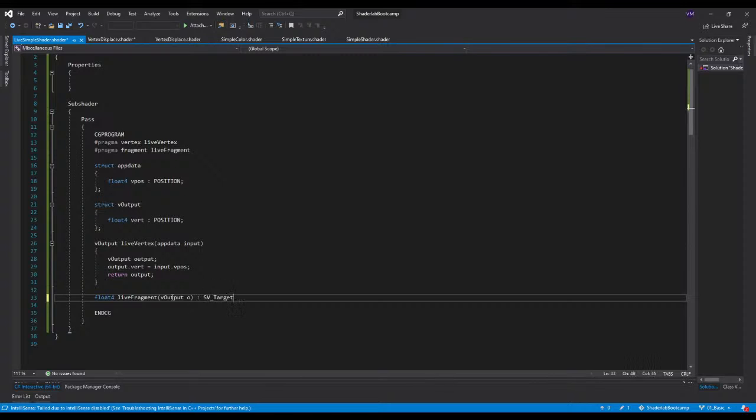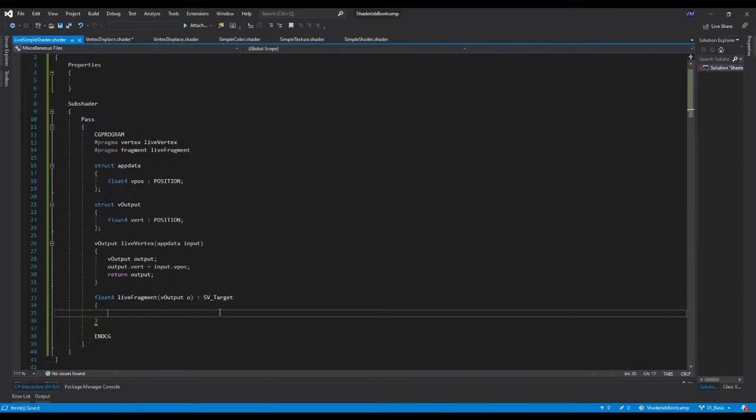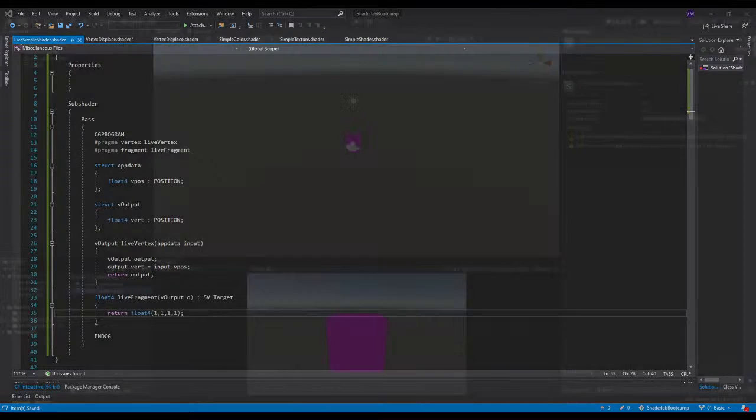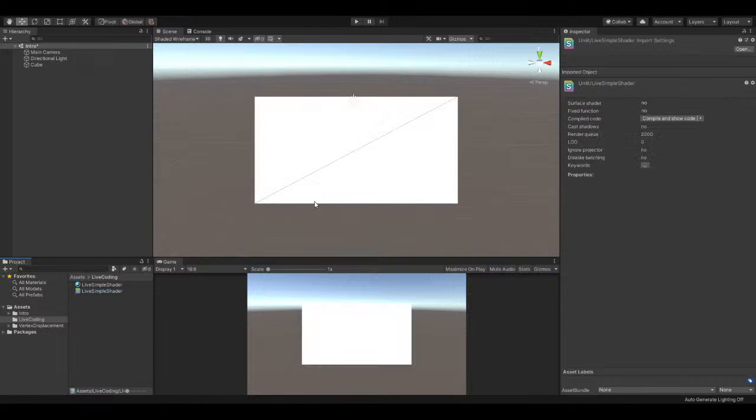This semantic will tell that wherever you're passing out the color, it has to have a render target in which it will be rendered out. Now I'm going to simply say return float4 RGBA. That is it. Let me go to Unity.